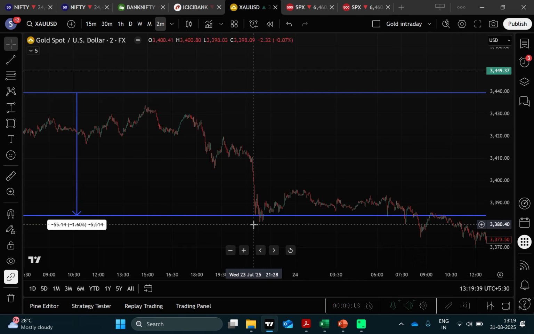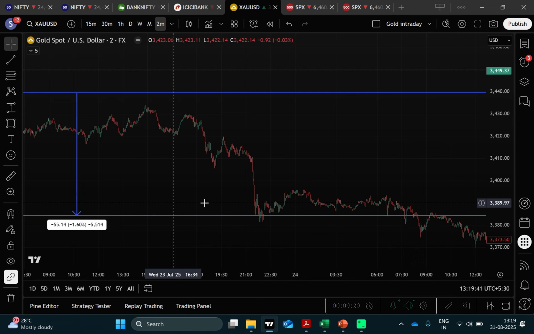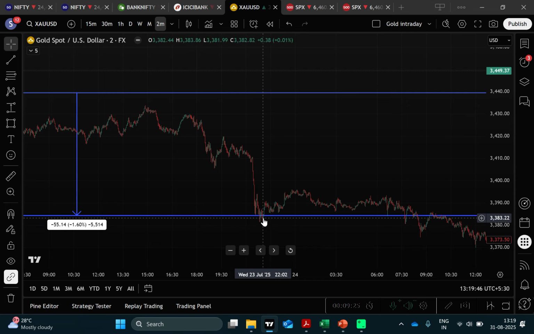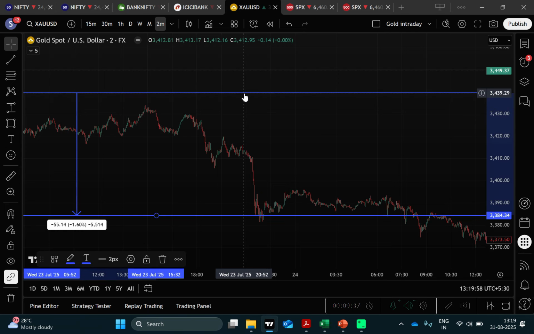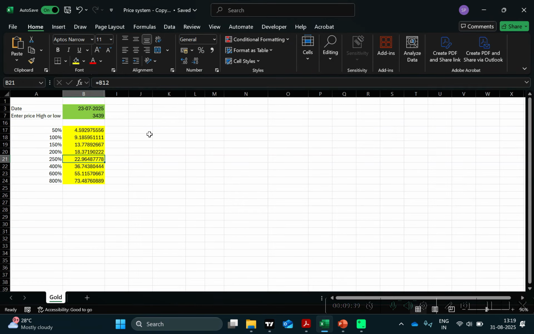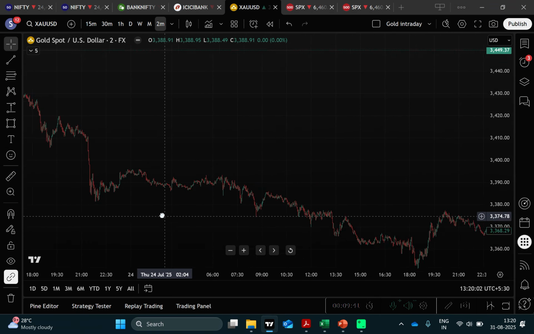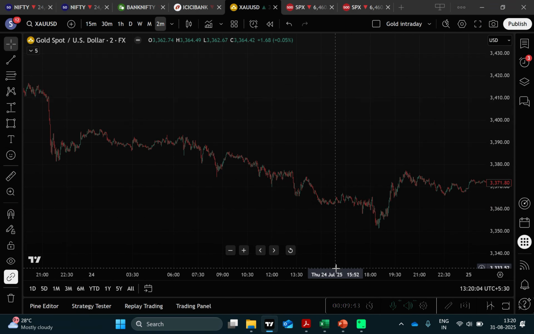Normally in gold, it sometimes misses by 2 to 3 points, which is fine, I think. So 55 was my range here. I was expecting 55. So let's see the next day, the 24th.